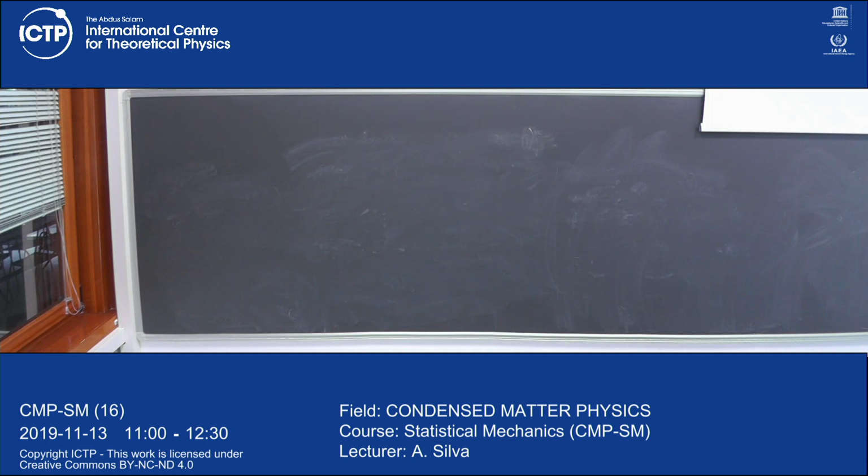Well, first of all, I will have e to the beta mu over lambda cubed, to the power N. But N is what? N is the sum over l of l n_l, right? Great.